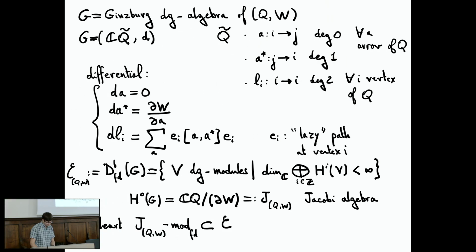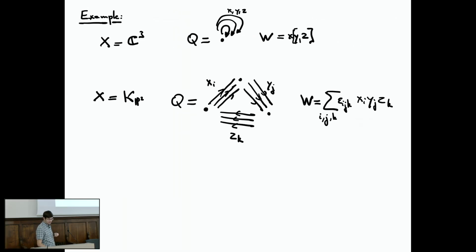If you think about it, this finiteness condition will impose some kind of nilpotency condition on the matrices X, Y, and Z. And this will translate to the fact that your sheaf is supported at the origin set-theoretically. And scheme-theoretically, it will be some kind of sub-scheme, like a thickening of the origin inside C3.